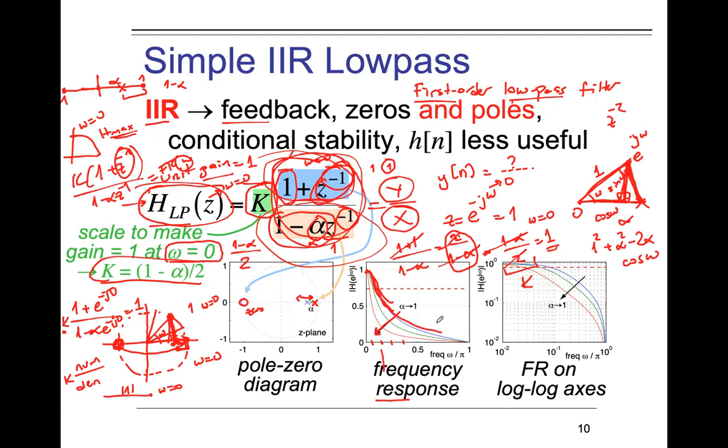That gives me this characteristic. How do I plot this? For each omega, I find the difference between this point in the z plane and my pole and 0. The ratio between the numerator and denominator times k will give me the h value, the gain value for each frequency.